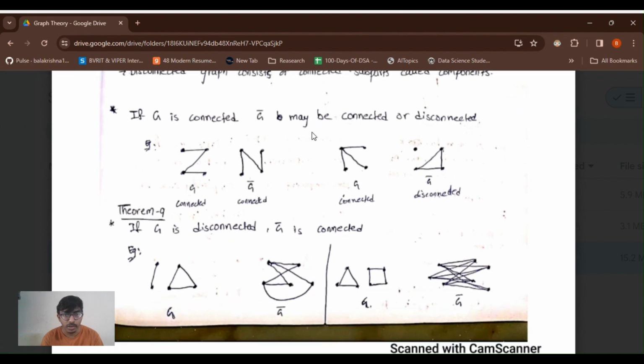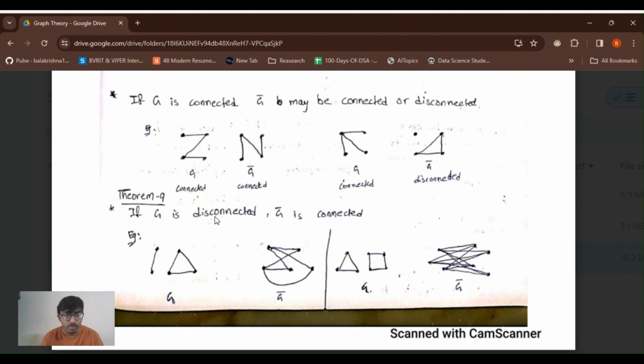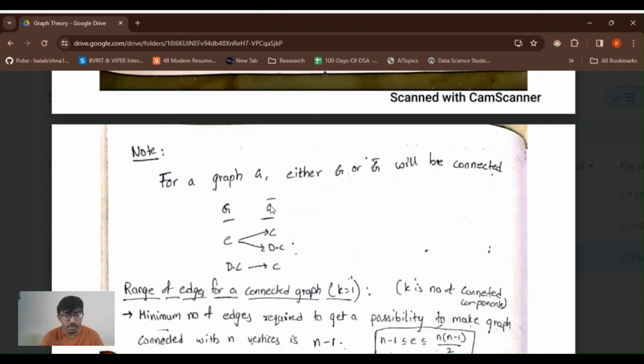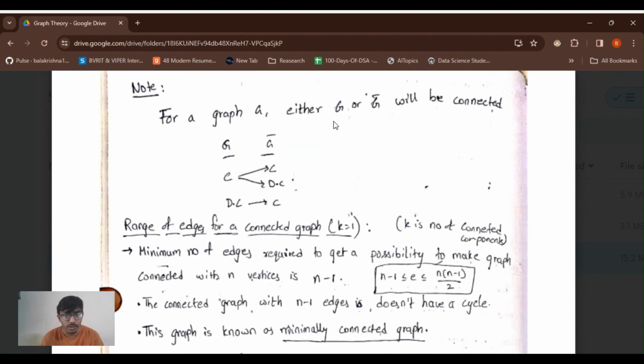If G is connected, G dash may be connected or disconnected. Theorem 1: if G is disconnected, G dash is connected. For a graph G, either G or G dash will be connected.